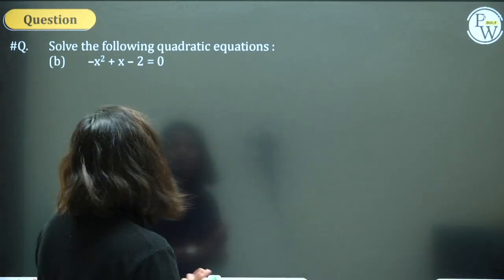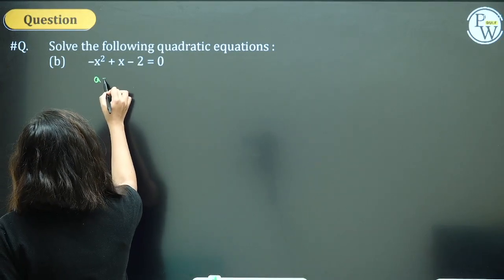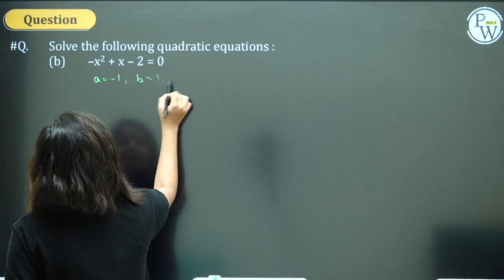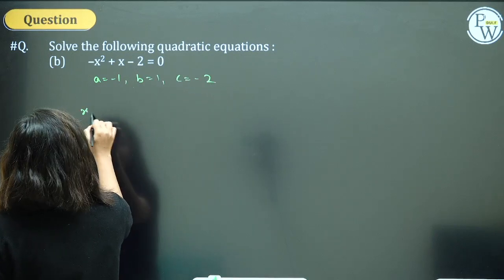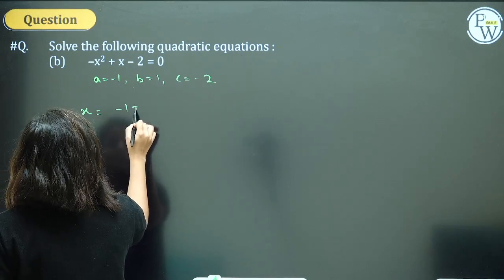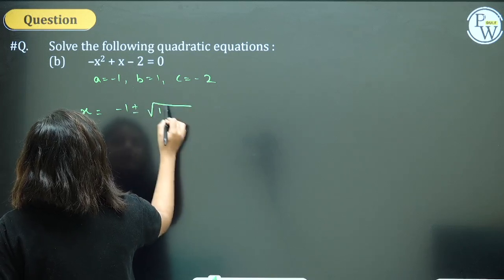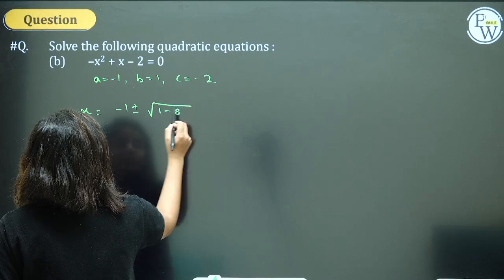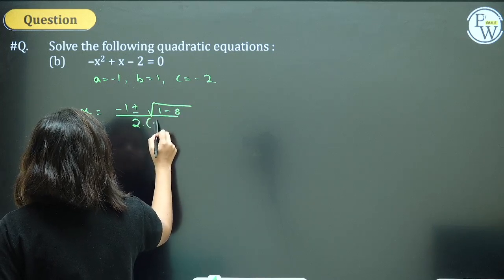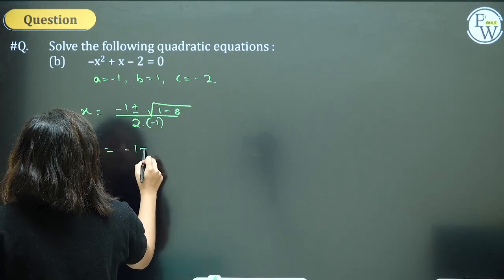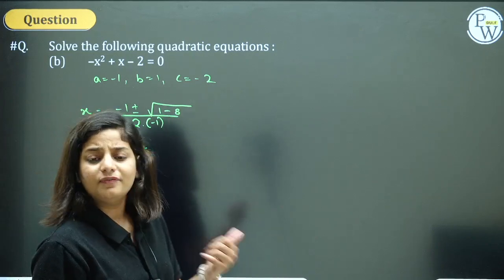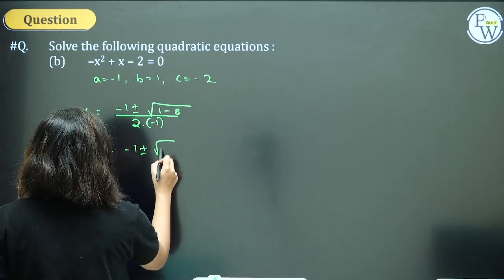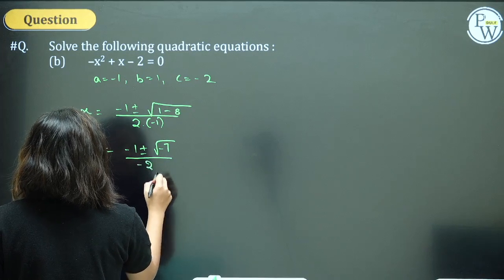One more question. Your a is minus 1, b is plus 1 and c is minus 2. When you simplify, x is equal to minus b plus or minus root of b square minus 4ac, so 4ac, 4 twos are 8, upon 2 times a. This is minus 1 plus or minus root of minus 7 upon minus 2.